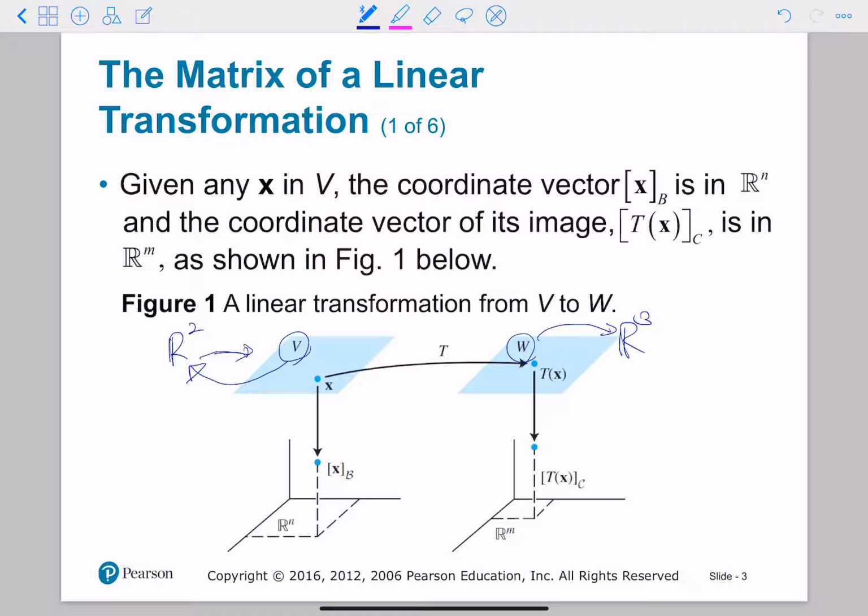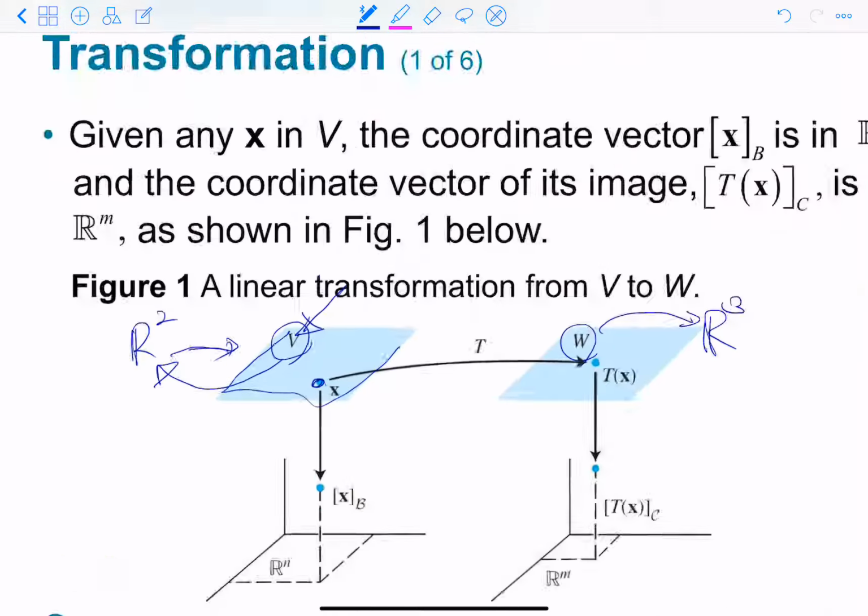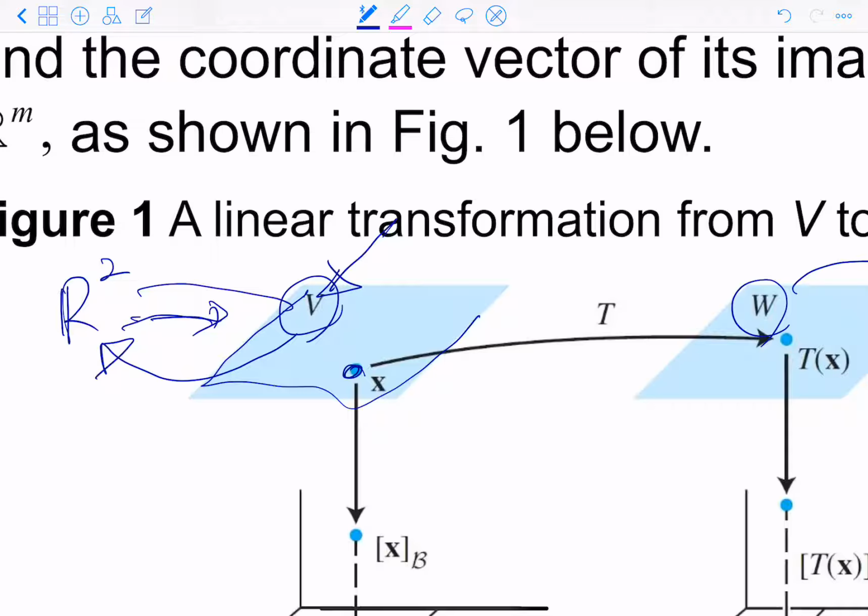So in this case, given this subspace and any particular point, let's imagine some particular basis to form our subspace V. So let's assume this V is the same as R2, the entire two-dimensional space.